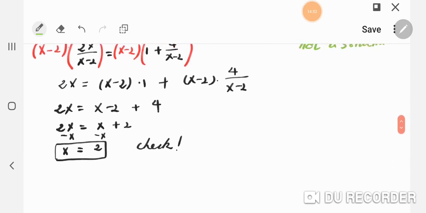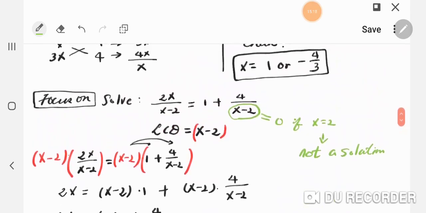So once we check this, x equals 2 is not a solution. Therefore, there's no other x value, so the equation has no solution. We have to eliminate this number 2 from the solution, because 2 makes the denominator 0.